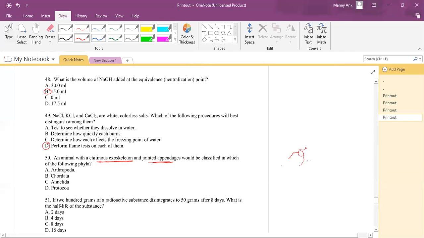So those are jointed appendages. Exoskeleton, hard covering on the outside.